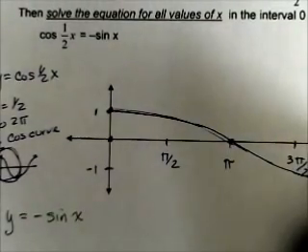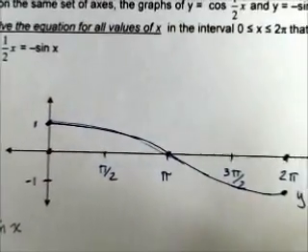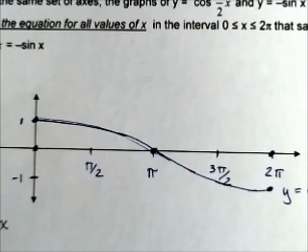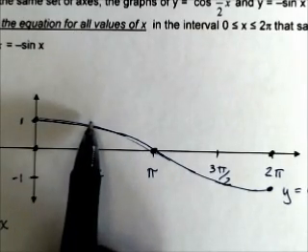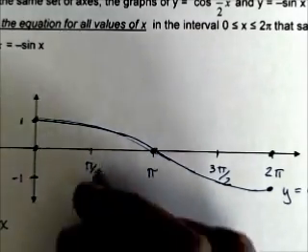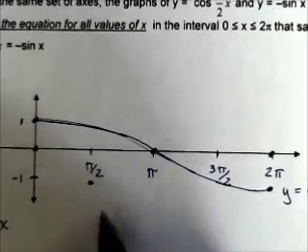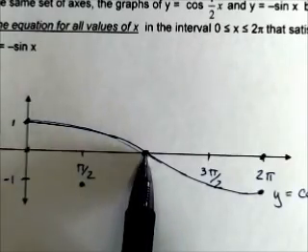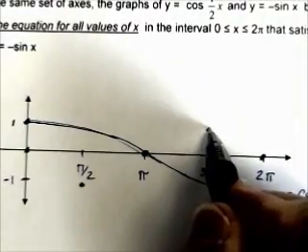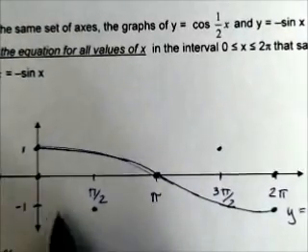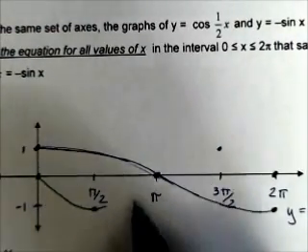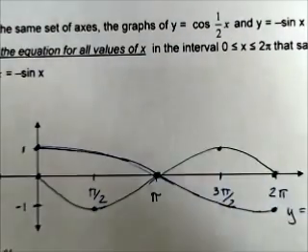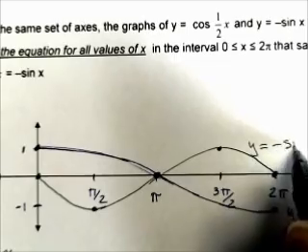At 2 pi, we'll be back on the x-axis, midway between on the x-axis. Now, instead of going up to 1 at pi over 2, we'll be going down to negative 1. So 0, min, 0, max, 0. Label it with its equation. This is y equals negative sine x.